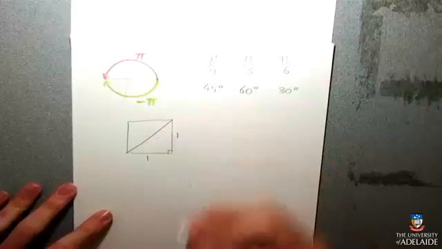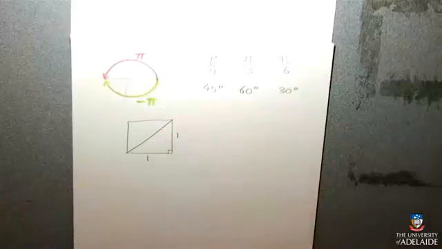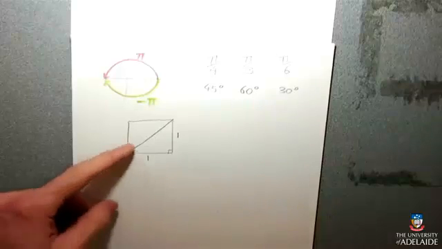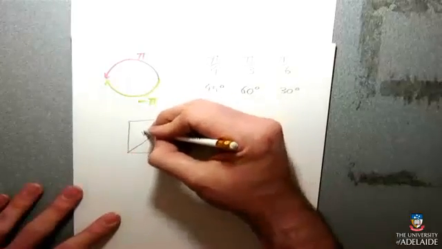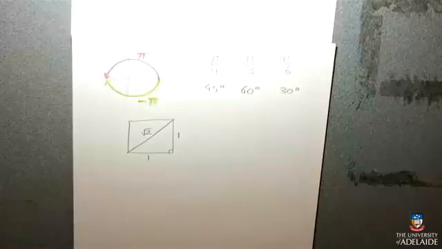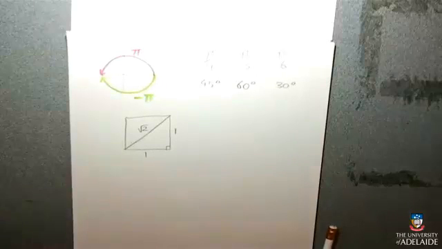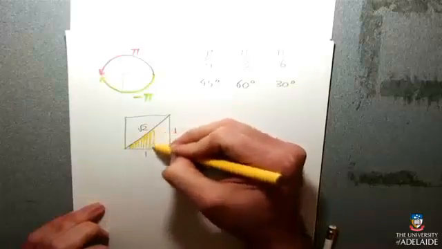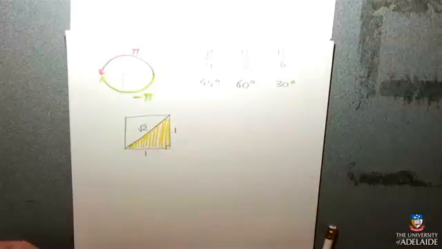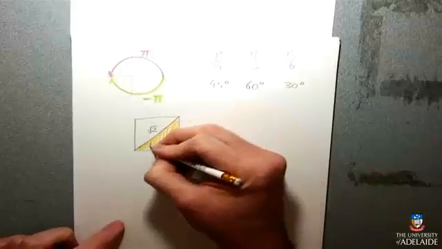My square has edges of 1. I'm going to do the shortest edge I can find and call it 1. And according to Pythagoras' theorem, this edge should be the square root of 1 squared plus 1 squared, so it's root 2. So I think about this nice little triangle just here, which is half of a square. And I think about my angle of pi on 4.